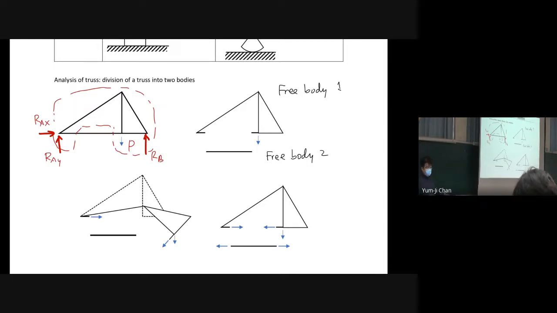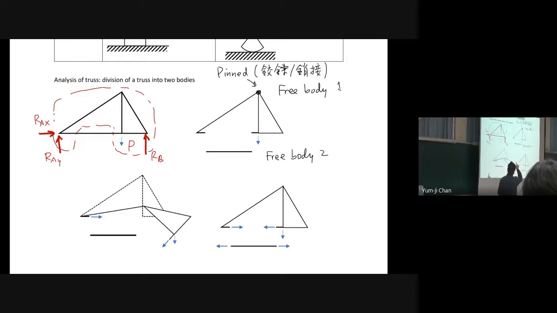For free body 1, because this joint is a pin, let's talk about 3.1 here.